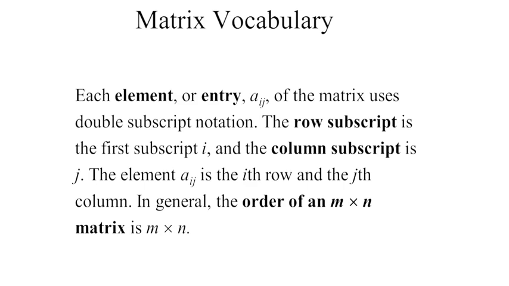We classify it A sub IJ, I referring to what row that entry is in, J referring to which column that entry is in. If we're going to talk about the order of an M by N matrix, we just write M by N. That tells us how many rows and how many columns that matrix has.